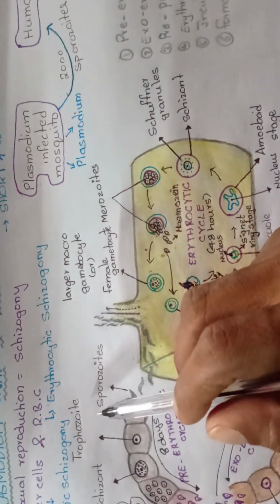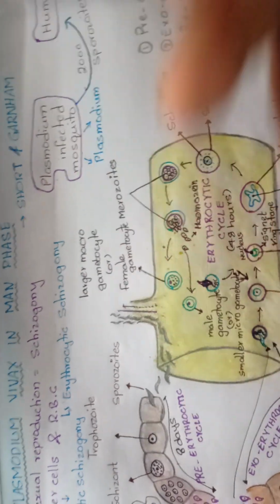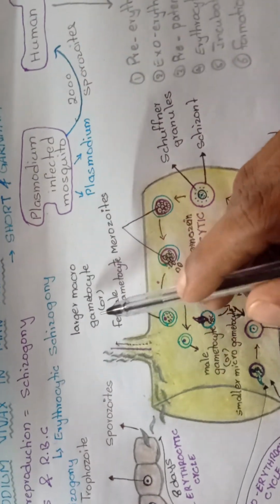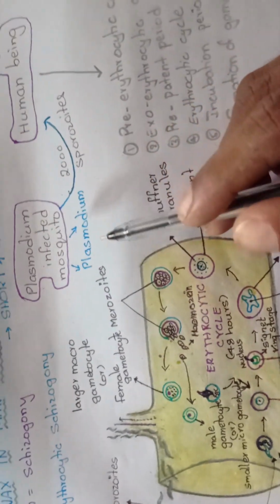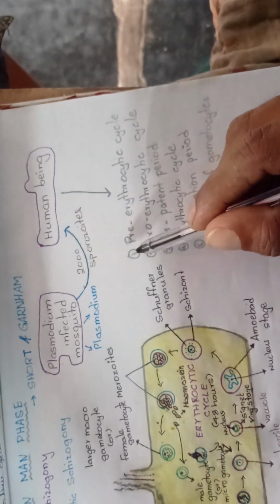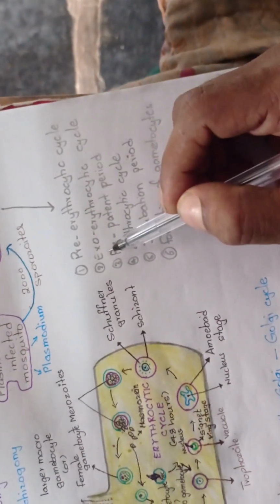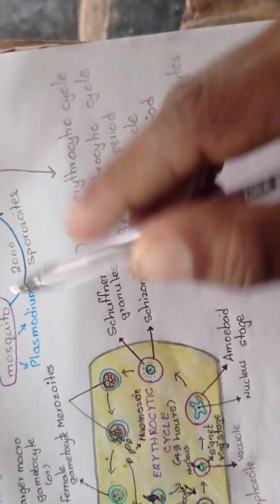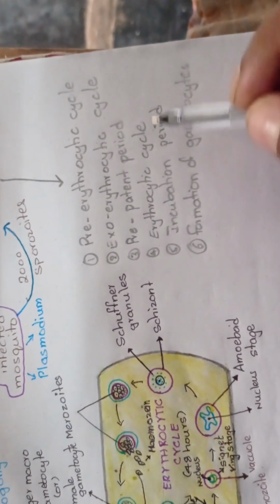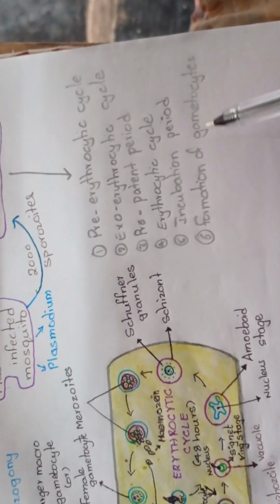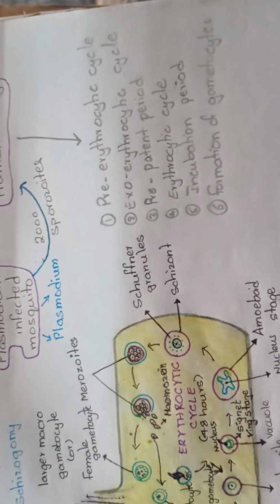They are involved in several stages of Plasmodium vivax in man: pre-erythrocytic cycle, exoerythrocytic cycle, pre-patent period, erythrocytic cycle, incubation period, and formation of gametocytes.